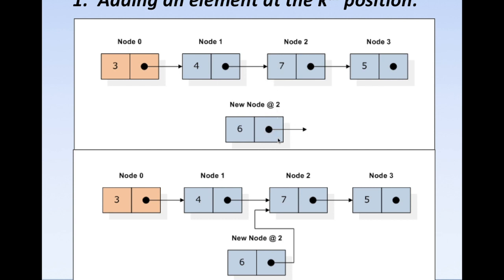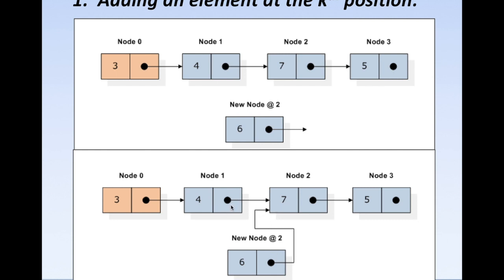So for this pointer to point at node 2, it has to be set equal to this pointer. Because which pointer is pointing to node 2? The pointer of node 1. So the pointer of node 1, which is pointing to node 2, I'm going to give this value to the pointer of the new item. So the new item and node 1, both of them are pointing to node 2.